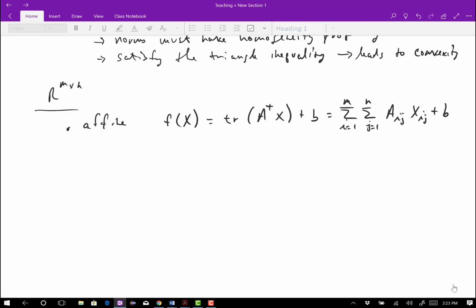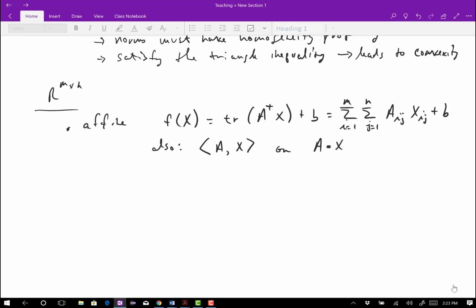You'll also see this written as an inner product of A and X, or you may see it written A dot X, right?